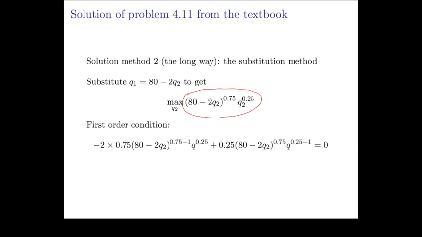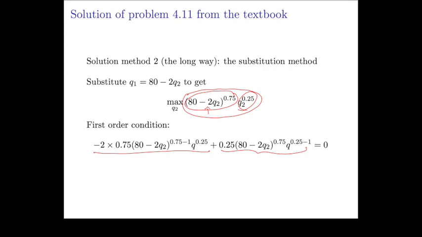Using the product rule, we get the derivative of this thing with respect to q2 times q2 to the 0.25, plus the derivative of q2 to the 0.25 times this thing. Right? So that's what this part is. Let's first look at this term.